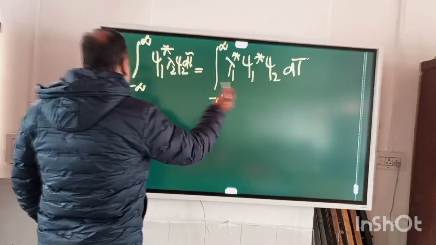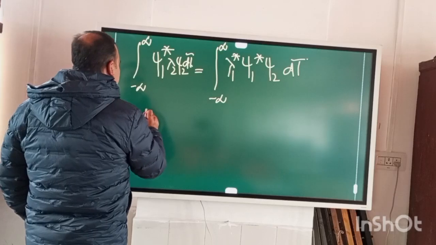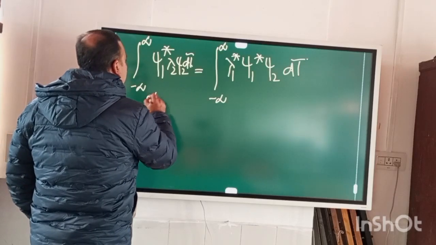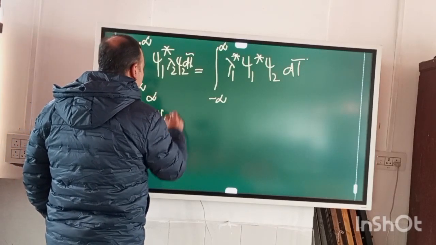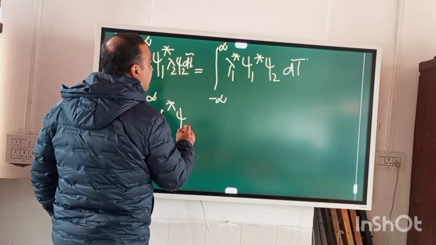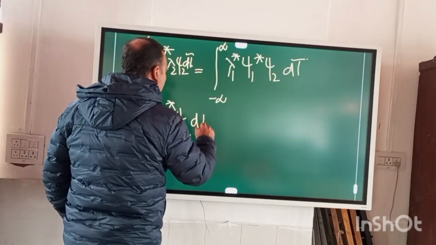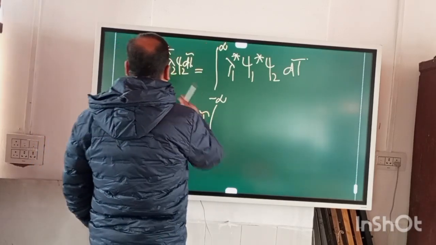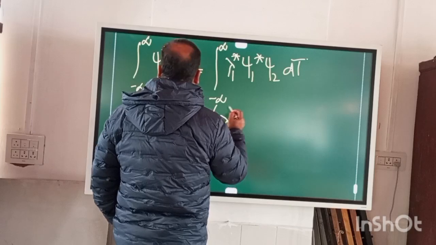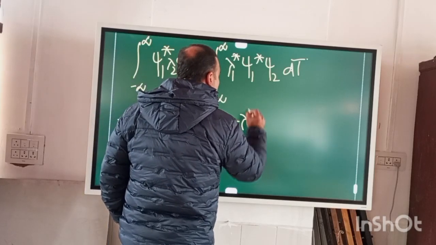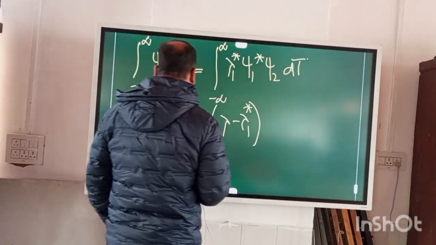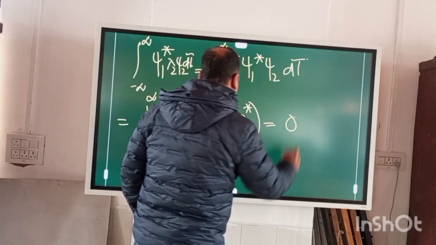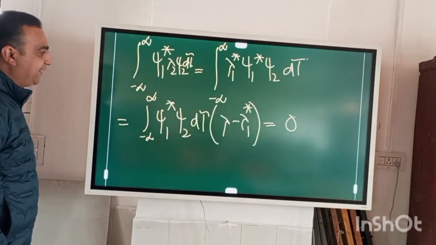I can transform the right hand side and the left hand side. What I'll get is the integral from minus infinity to infinity of psi 1 star psi 2 d tau times lambda 2 minus lambda 1 star is equal to 0. This is what we will obtain.